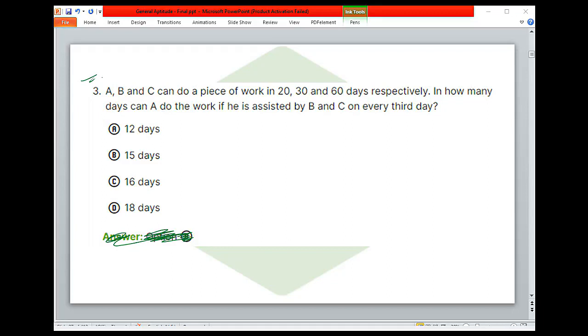Let me know if you're not able to solve, then there's no point in sitting. I'll explain.